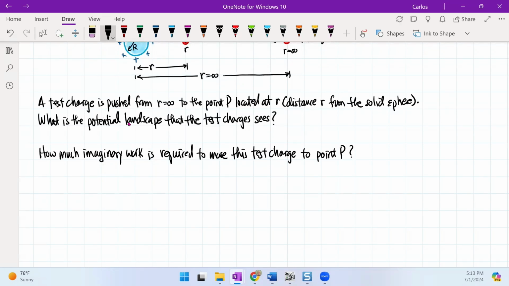And the way we're going to answer this question is that we're going to use Gauss's law, not Gauss's law, Gauss's method, to calculate the potential function of this sphere, which is a function of R.